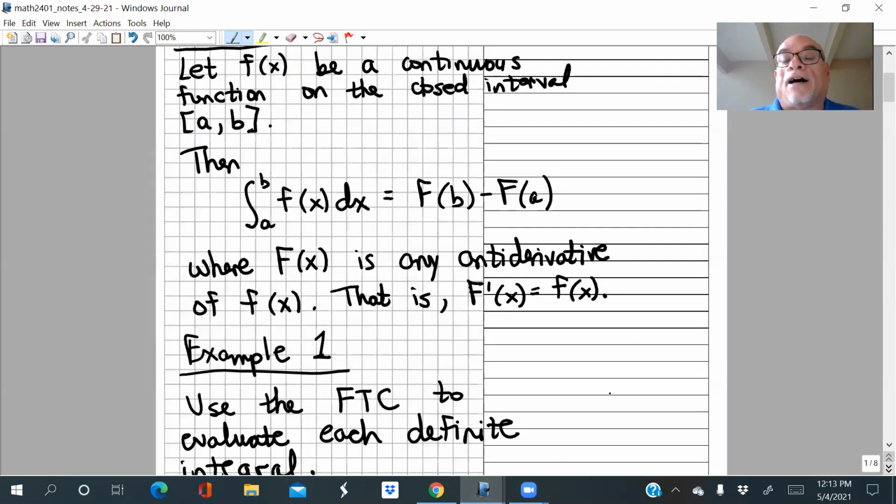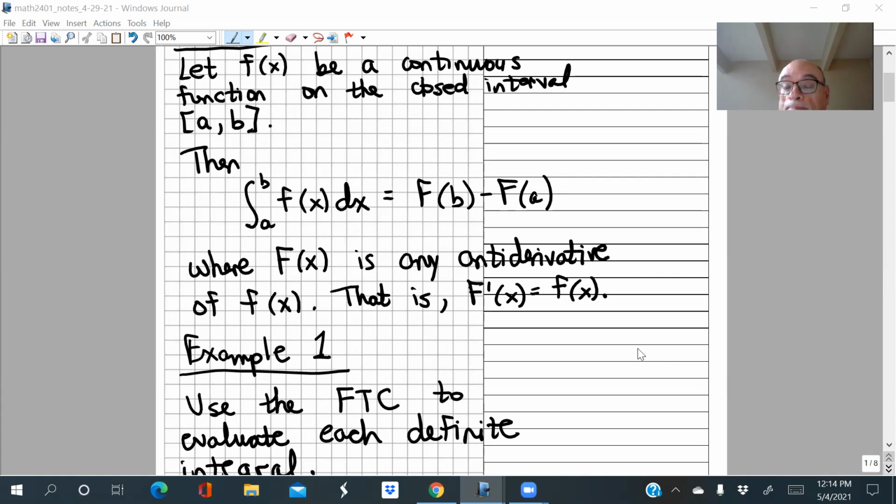This is where calculus comes into play. And surprisingly enough, the answer turns out to be antiderivatives. No one would have thought that this problem of computing the areas of these irregular regions would be related to finding antiderivatives.